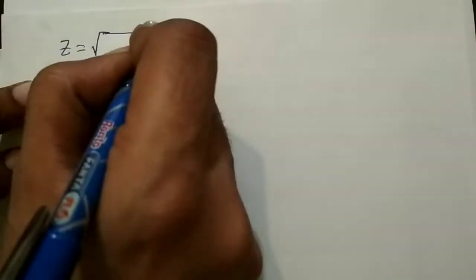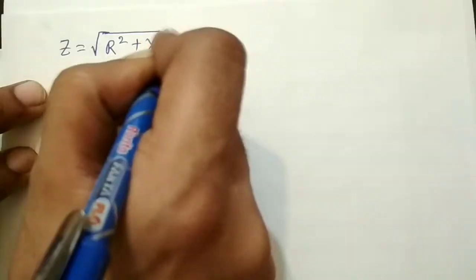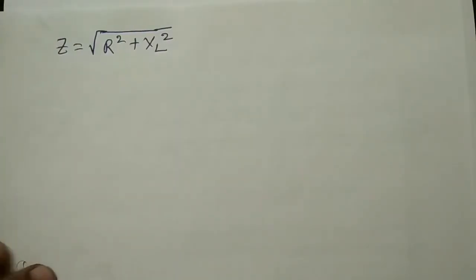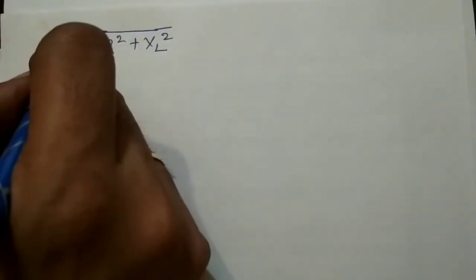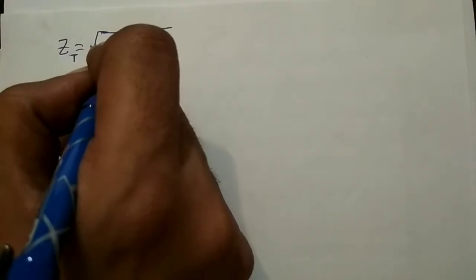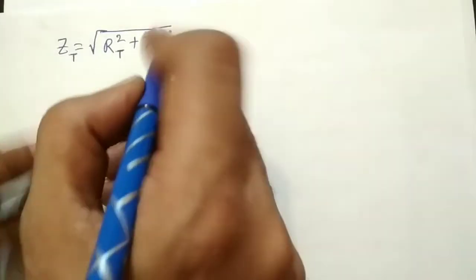Now the impedance can also be written as, we know that the other formula of the impedance for a pure resistive inductive circuit is square root of R square plus XL square. Here the impedance means the total impedance, resistance is the total resistance, and the inductive reactance is the total inductive reactance of the circuit.